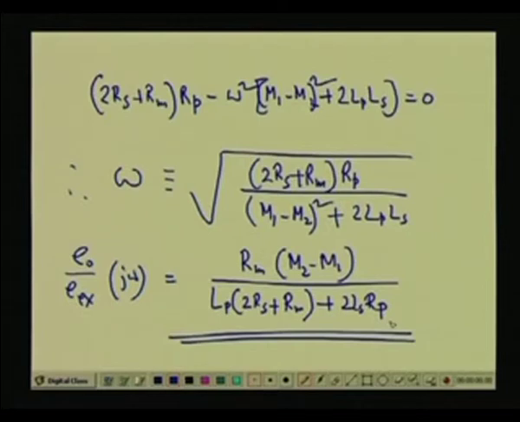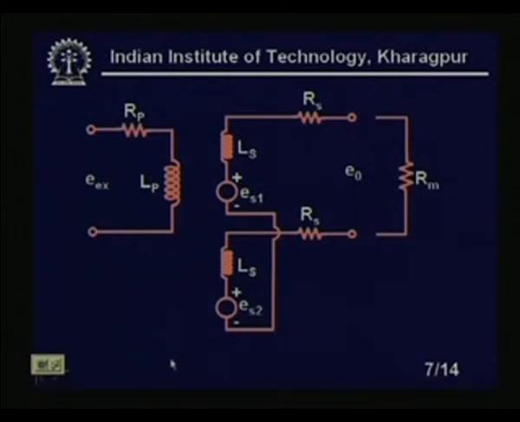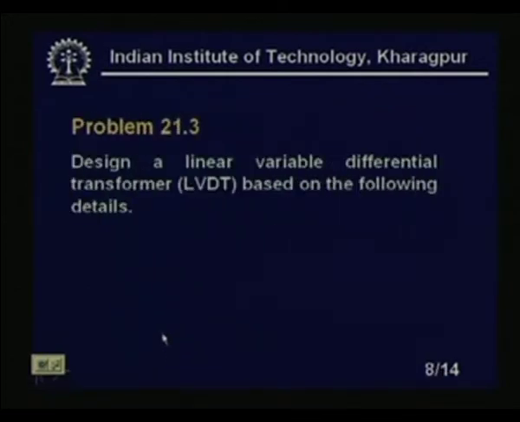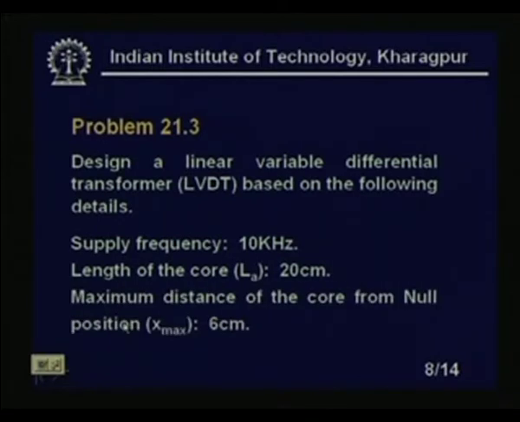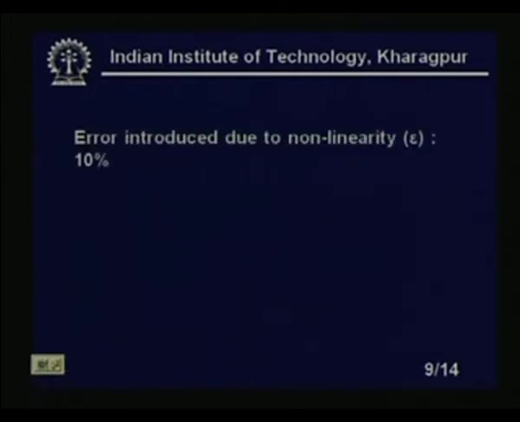Clear? Now, let us go to the problem number 21.3. Design a linear variable differential transformer LVDT based on the following details. What are the details? Supply frequency is 10 kilohertz, length of the core LA should be 20 centimeter, maximum movement of the core from the null position is 6 centimeter. Error introduced due to nonlinearity is 10%.